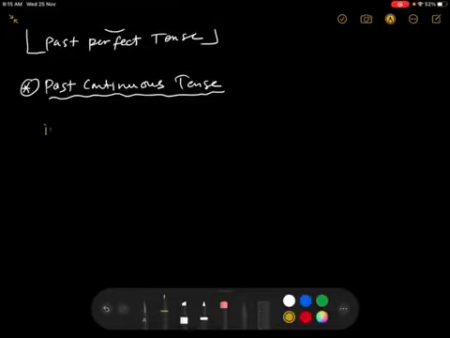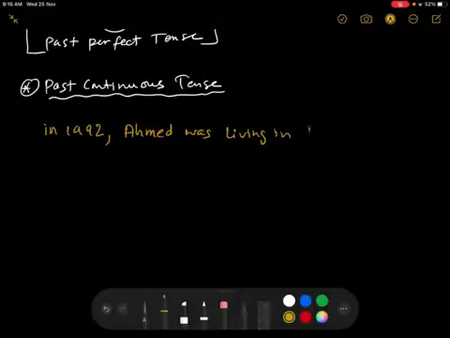An action was continuous. For example, when I say in 1992, which is a point of time in the past, I say Ahmed was living in KSA, Saudi Arabia.